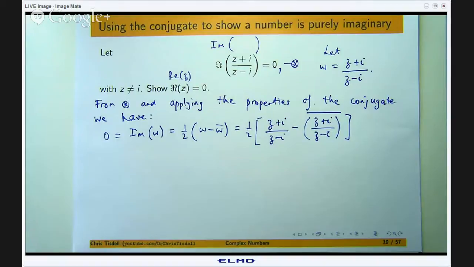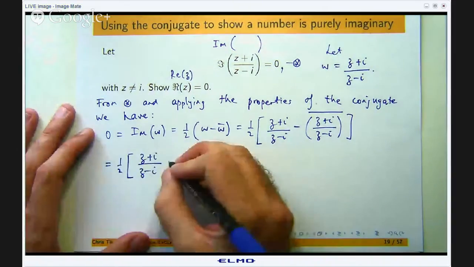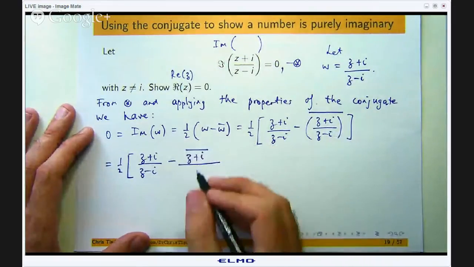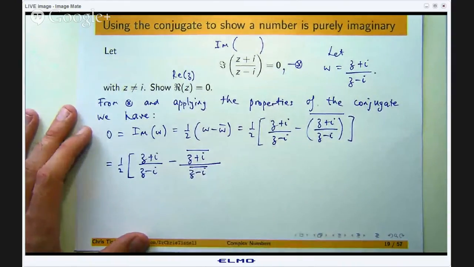So I can basically take the conjugate of the top and the conjugate of the bottom. Okay, so let's take the conjugate of the top, and this is division now, and the conjugate of the bottom. Hopefully that's clear.